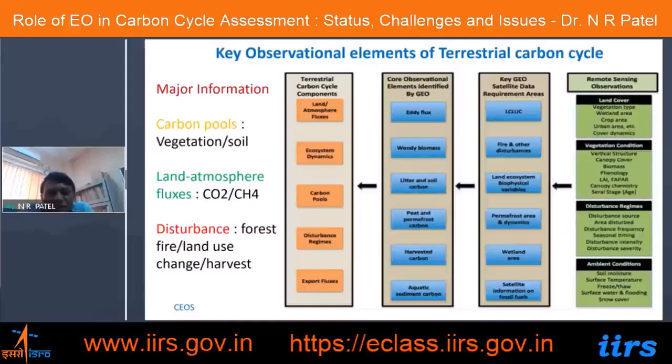Here, particularly if you see land atmosphere fluxes with ground-based observation like flux tower networks, globally there is AmeriFlux, OzFlux, the Australian network, AfriFlux, EuroFlux. There is a network of AsiaFlux, where we will find a network of flux tower observations.